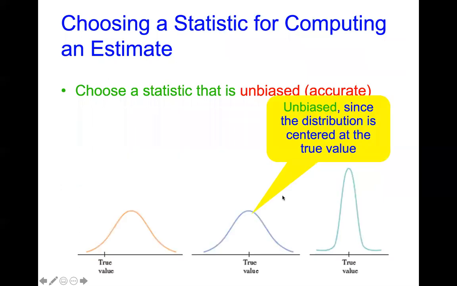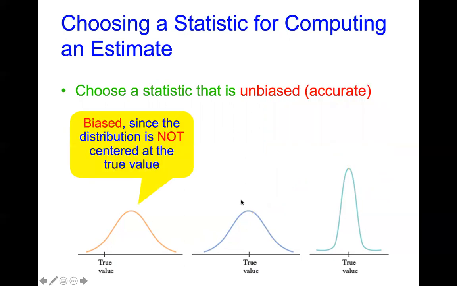So for example, let's say the true value represents the population mean. If the true value is the population mean, and these are different statistics we've used, the orange one would be considered biased, because the center of this graph is not centered at the true value. So this would not be a good statistic to use as a point estimate. The blue one and the teal one are unbiased because they're centered at that true value.